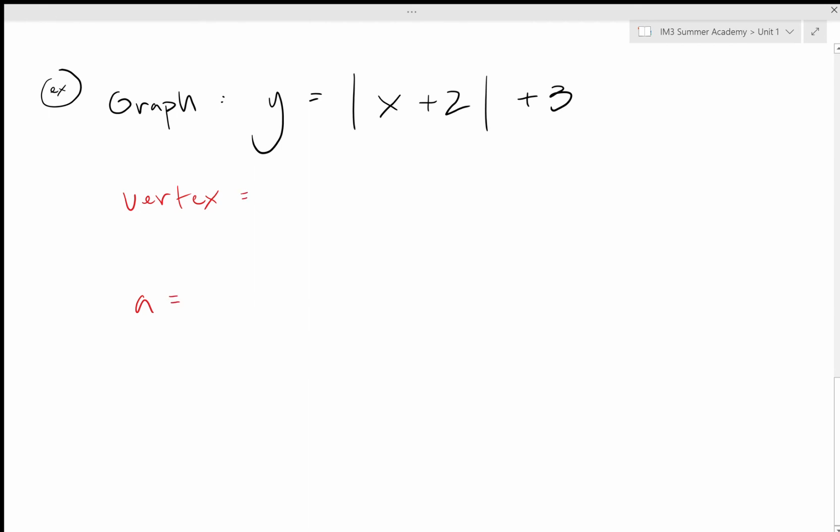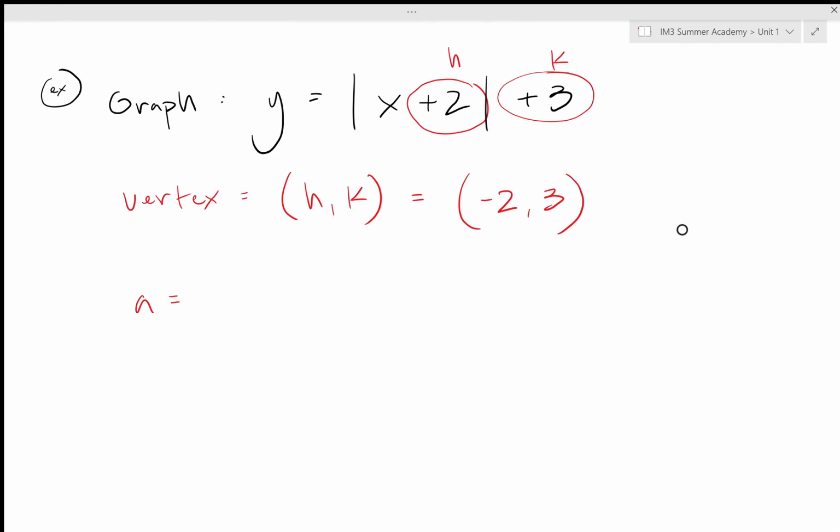So vertex is h comma k, where h is the inside number and k is that outer number. But remember, h we have to do as the opposite. So I see a positive 2, my h is going to actually be written as negative 2. K we keep the same. That's going to stay as positive 3.